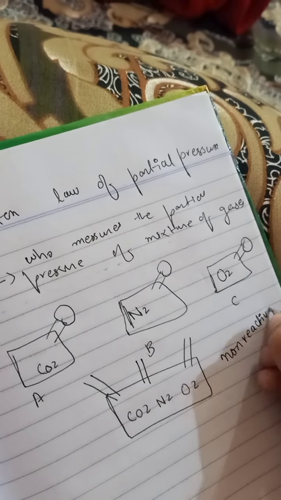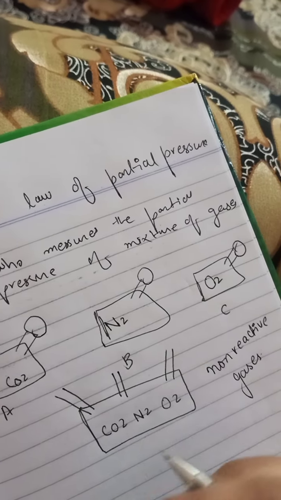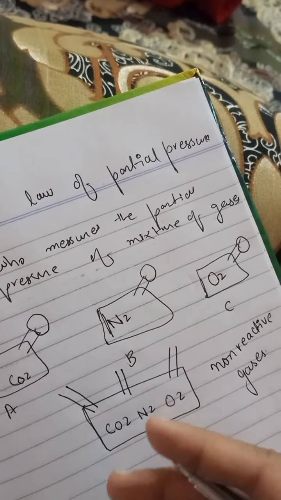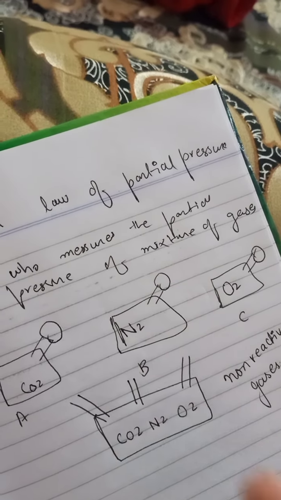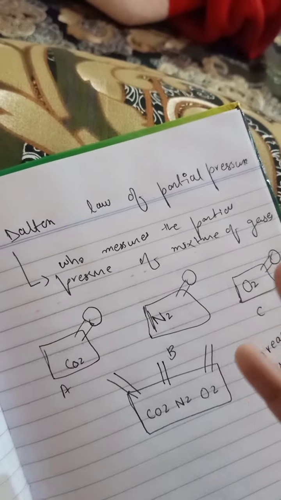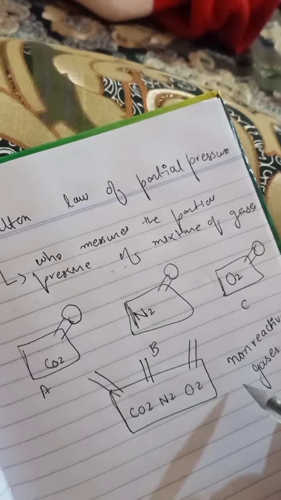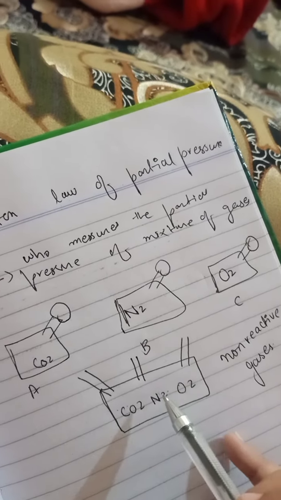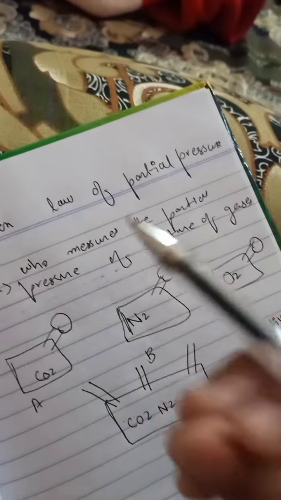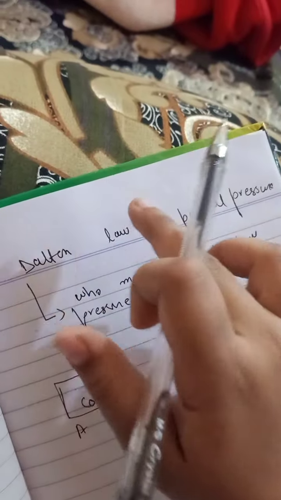What does it mean? It means they cannot react. When we mix them, they cannot react because they are stable, they have more kinetic energy. He found the partial pressure of non-reactive gases like these, which cannot react with each other. If gases react with each other, this law will not be followed.